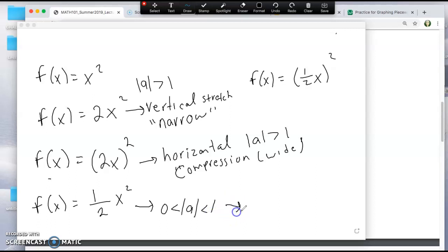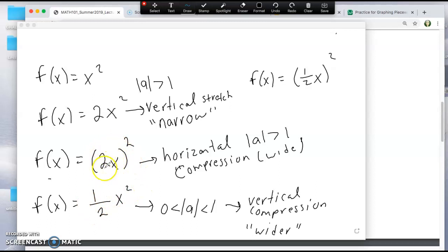So in this case, you would do a vertical compression, meaning it gets wider. So when you're multiplying by a coefficient that's a whole number, it gets narrow. If you're multiplying by a coefficient that's between 0 and 1, like a fraction or decimal, it gets wider.